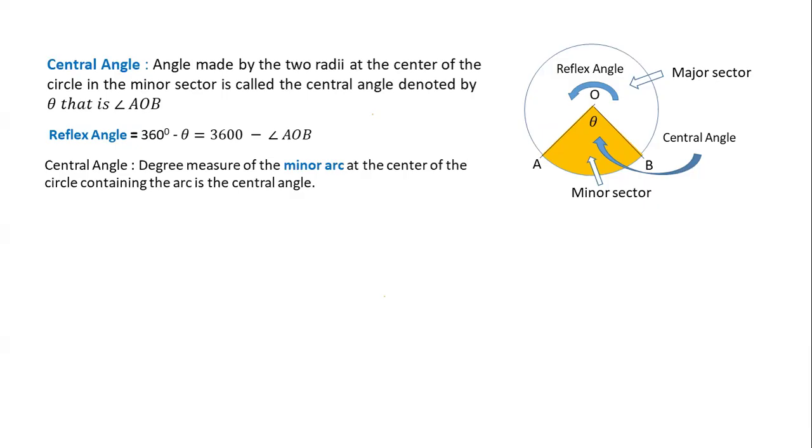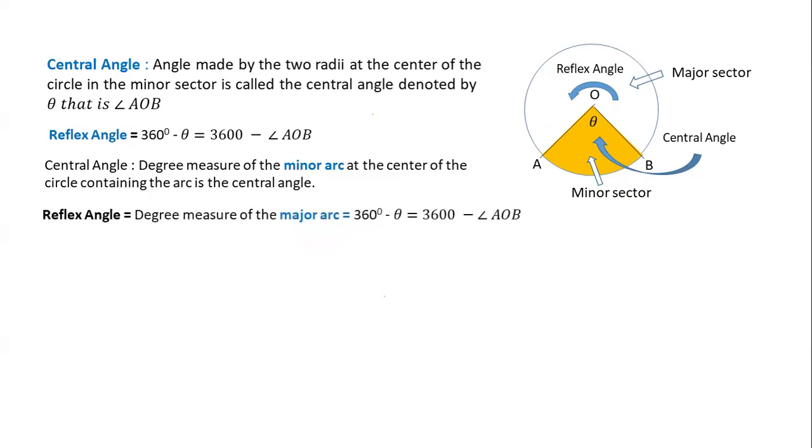Now again I am using two more definitions to tell you that it could be defined in different ways, considering the angle, considering the arc, and so on. The angle made at the center of the circle is called the central angle. So the central angle concept is clear.